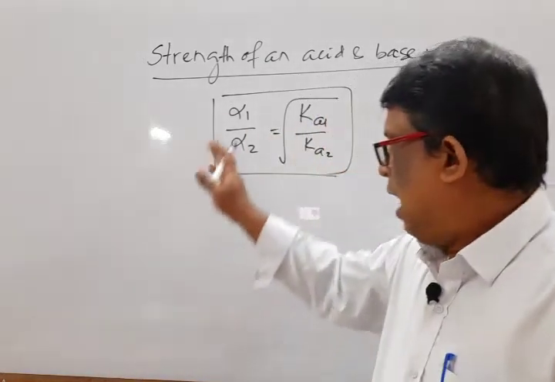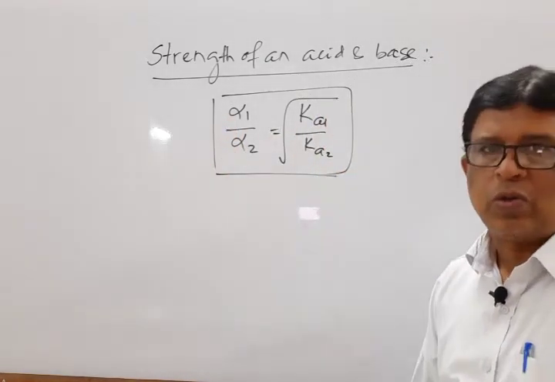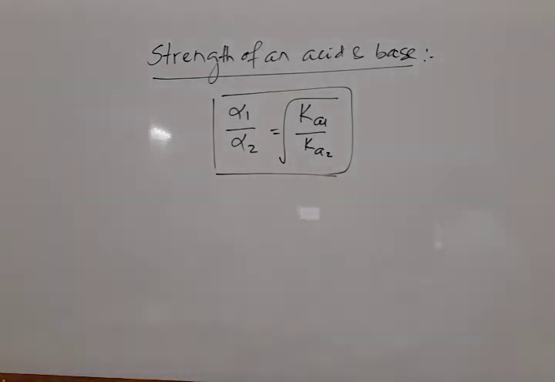Mark that alpha1 by alpha2 is equal to the square root of K1 by K2.